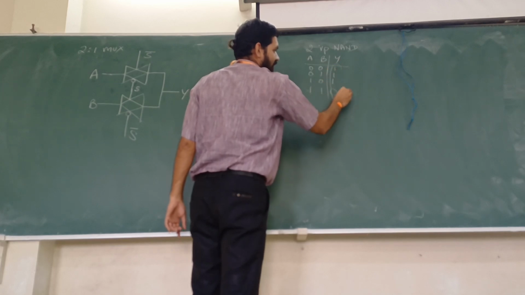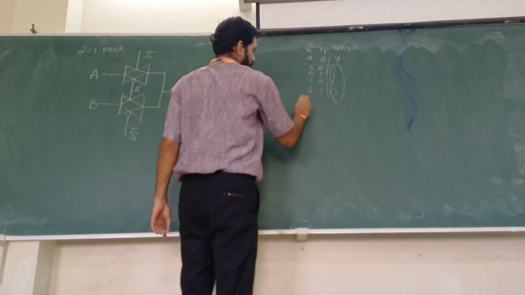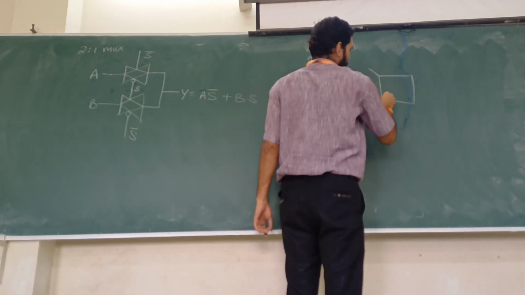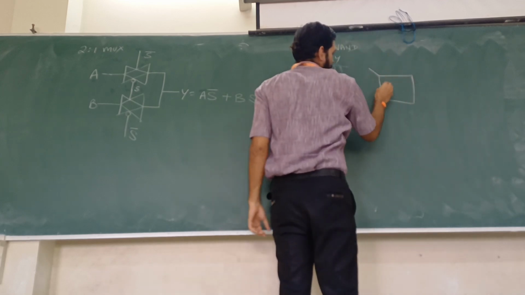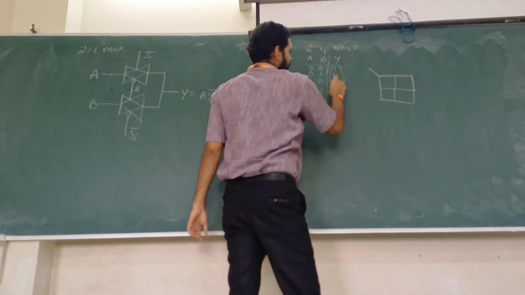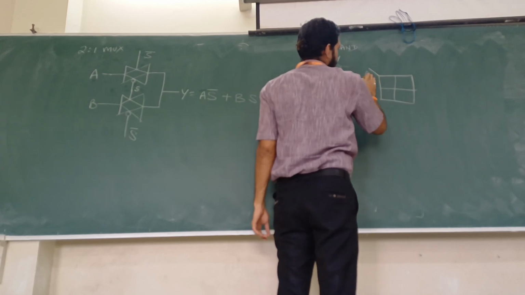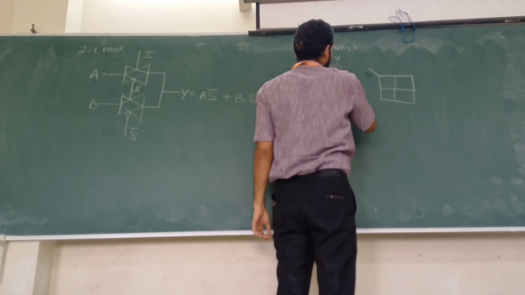Whatever I have got, I will plot it in a K-map. So I take one K-map and write these values: 1, 1, 1, 0.